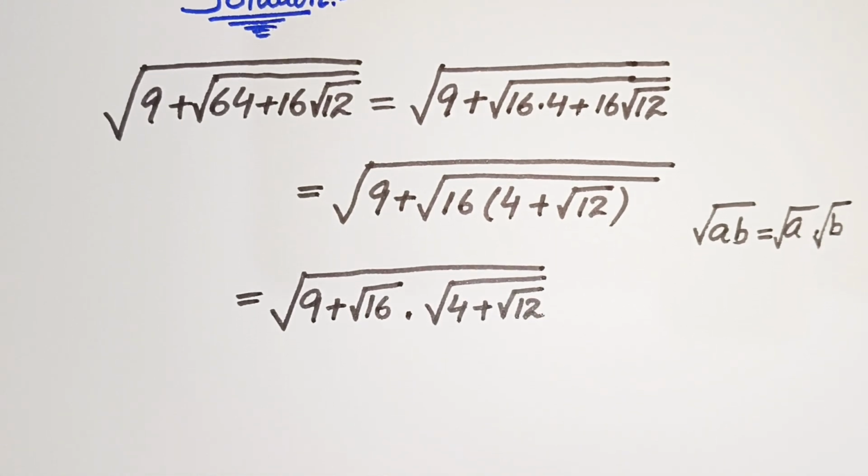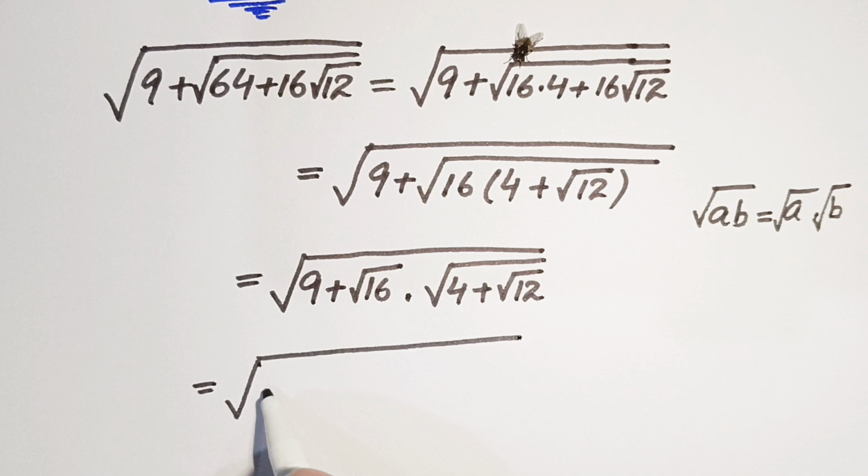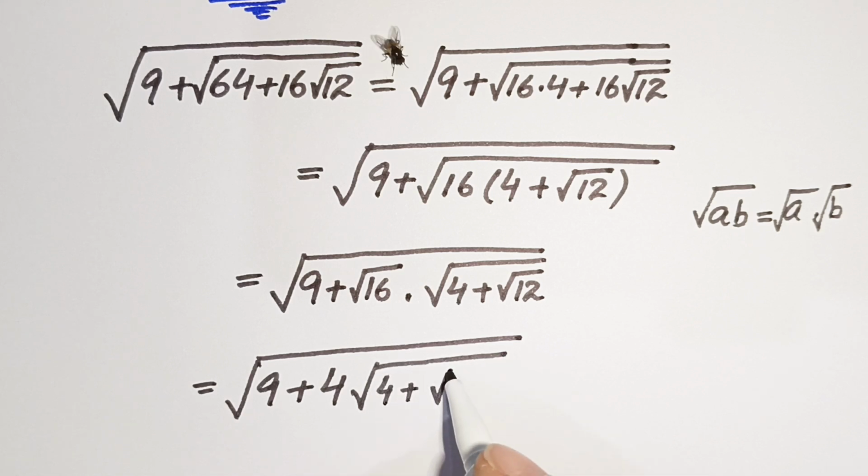Now square root of 9 plus square root of 16 is equal to 4. So here we have 4 times square root of 4 plus square root of 12.